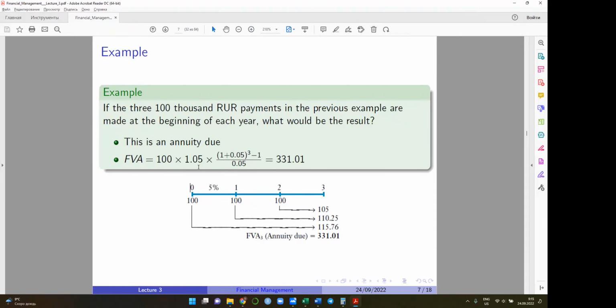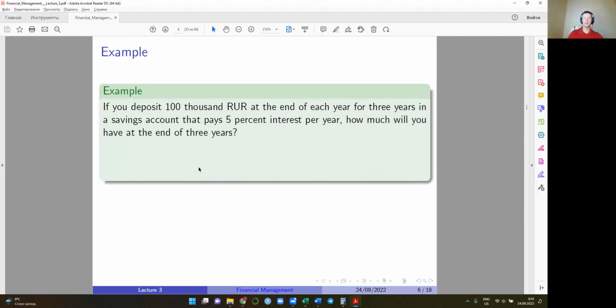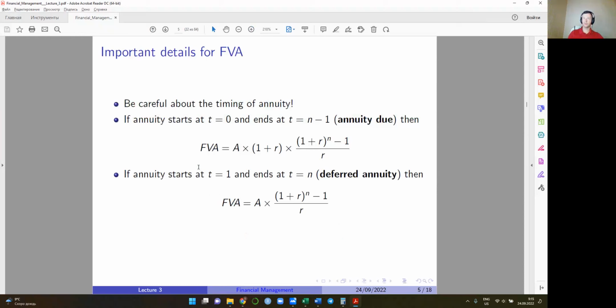Questions regarding the future value of annuity? How to recognize whether it is an annuity due or a deferred annuity? Is this too difficult? It depends on whether your stream starts now or whether your stream starts one period afterwards.